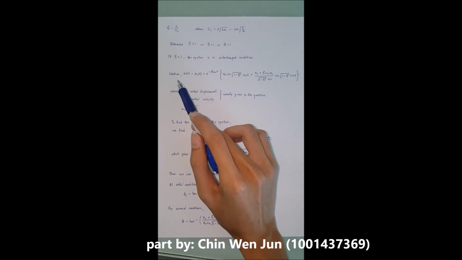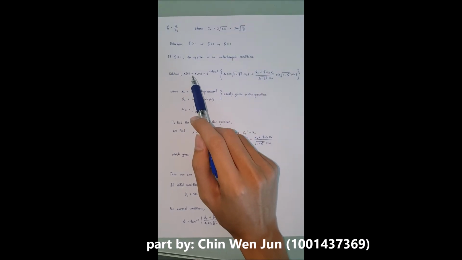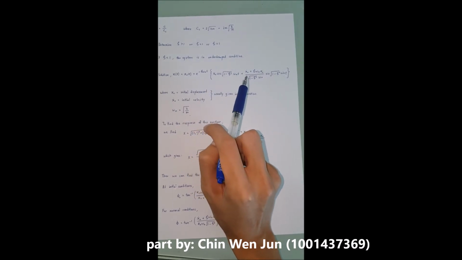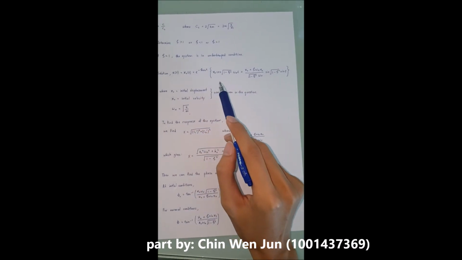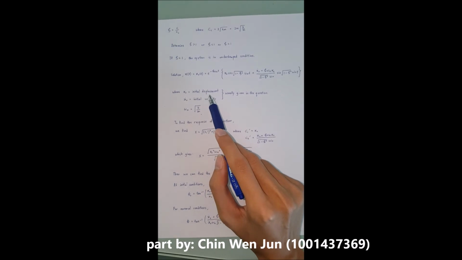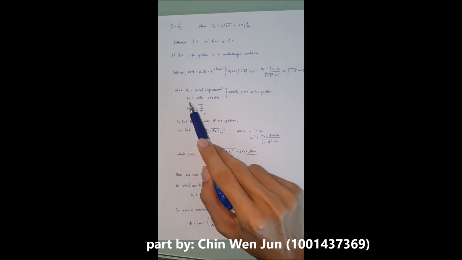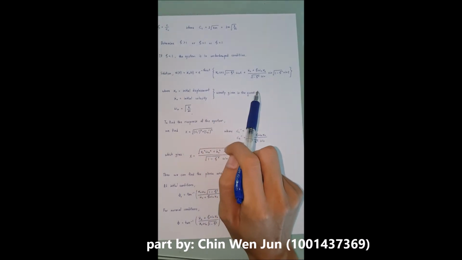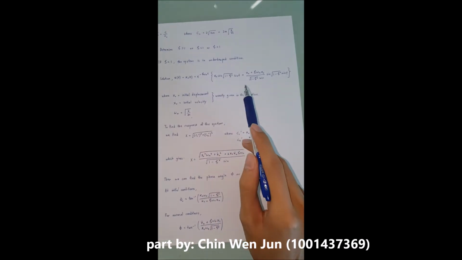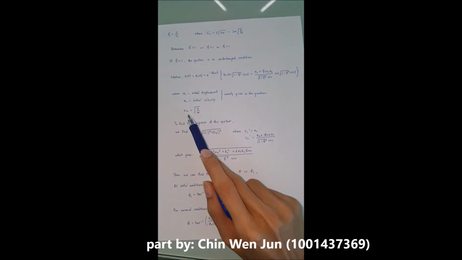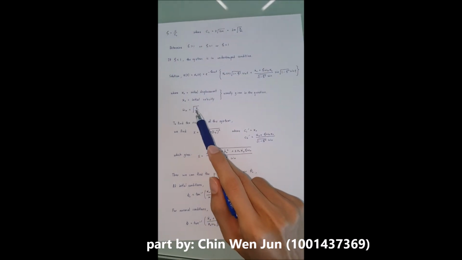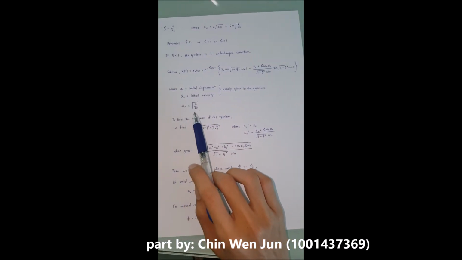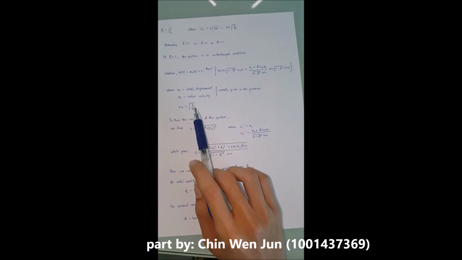Now we can try to find a solution x of t, with initial conditions x naught, equal to this formula here, where x naught is the initial displacement and the derivative of x naught is the initial velocity. These two are usually also given in the question. The natural frequency omega n equals the square root of spring stiffness over mass of the system, and these are also usually given.